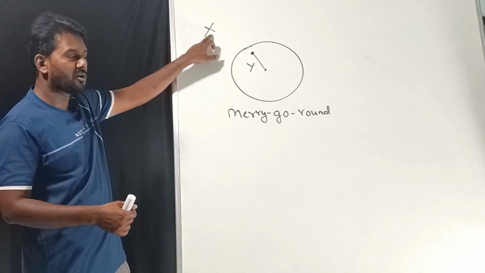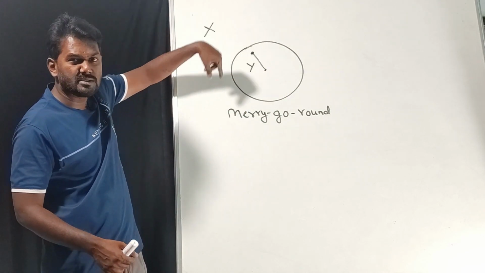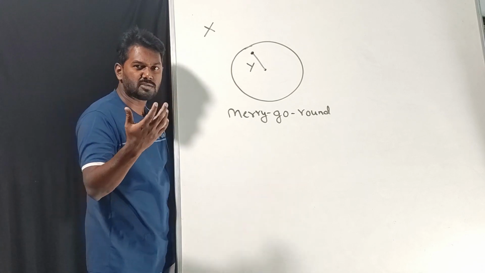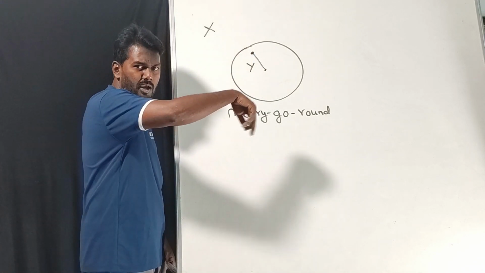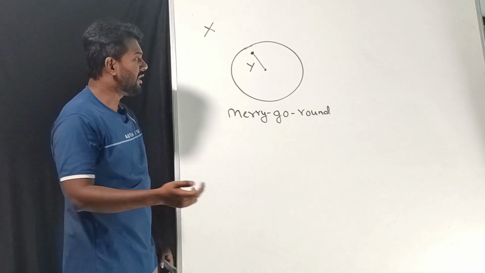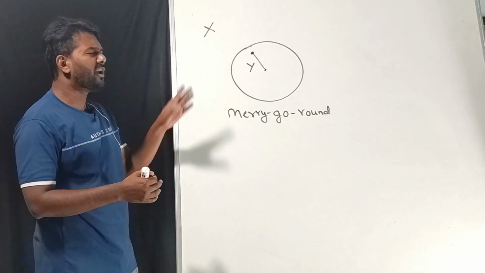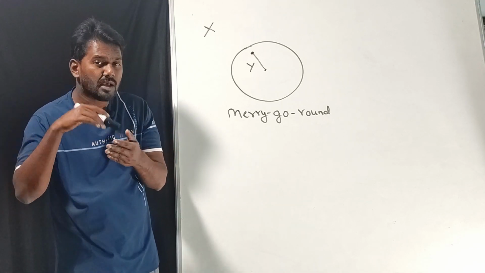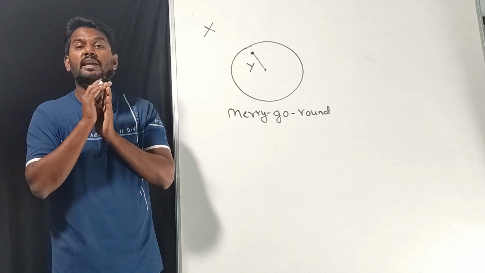X observes that along with Y, the ball is also making a circular path, but according to Y, a person standing on the merry-go-round, this ball which is moving along with you feels not moving, stationary. Why do you feel like that? Because centrifugal force is a fictitious force, it is not a real force.